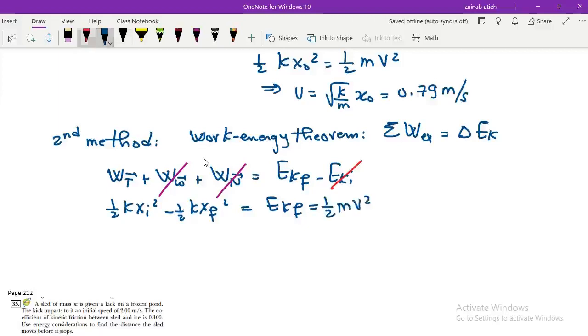Remember that x final was 0 because it was unstretched, with no elongation and no compression. So I've called this x0. It's half k x0 squared equals half m v squared. So we get the same answer as above: V equals 0.79 meters per second. You can see it's the same.